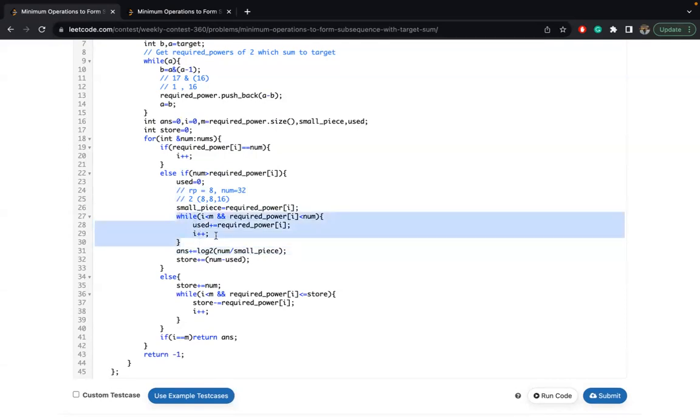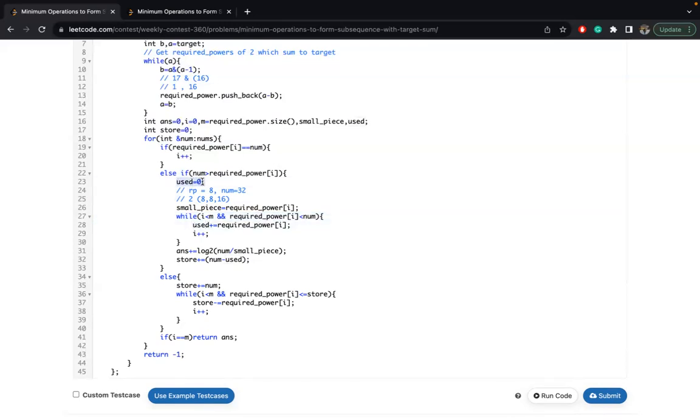And then here, why is this while loop being done? This is to find out all the used numbers. Here you will not just have one required power. You are also increasing required power whenever you are using this small piece. The small piece is the initial required power. If required power is used for making the target, then you are just increasing used.